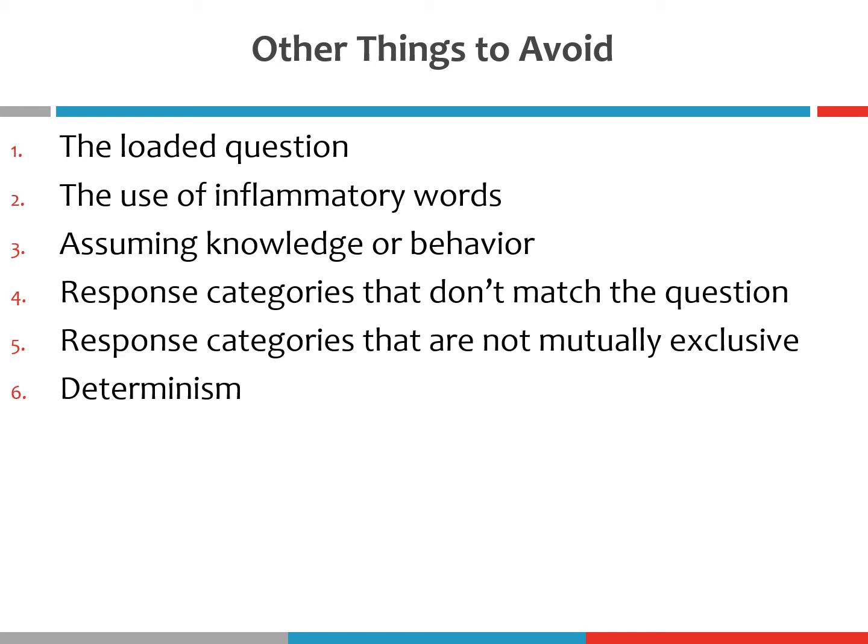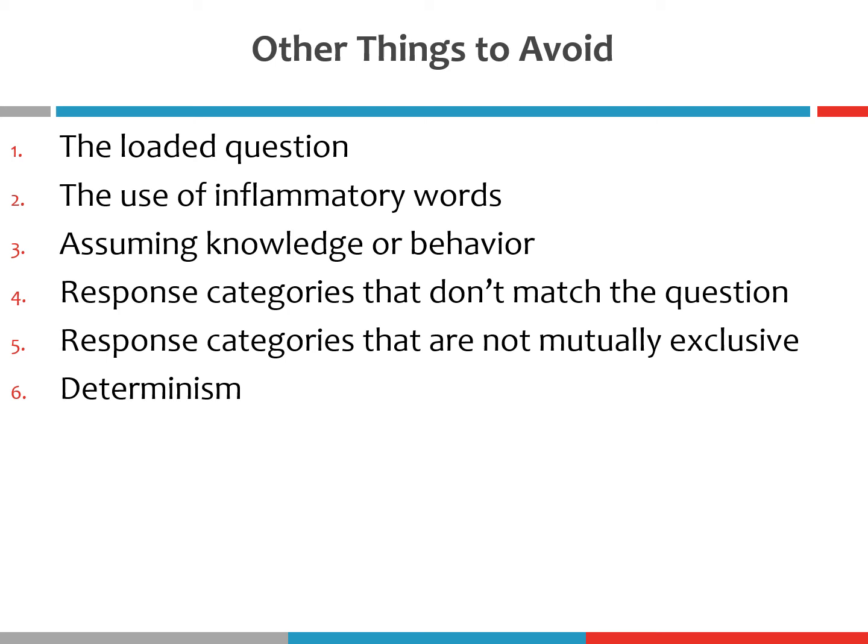So there's naturally going to be a lot of variation and fluctuation in most of the constructs that we're looking for. So you never want to ask a respondent whether they always or never do something. You want to allow for a more nuanced response category that incorporates more fluctuation or variability.